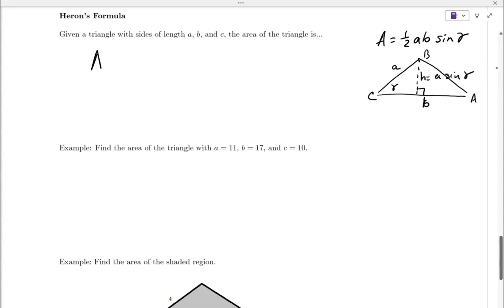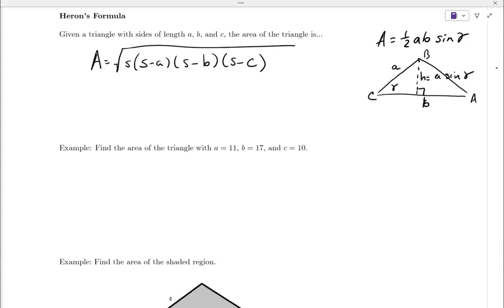So the formula is the square root of this S that pops up. It's the square root of S times S minus A times S minus B times S minus C. I need to tell you what S is.